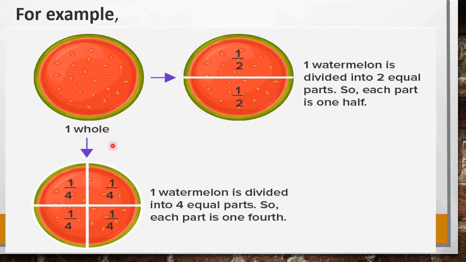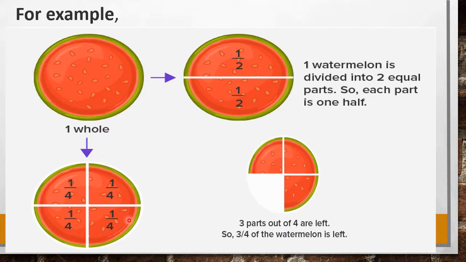When we divide this watermelon into four equal parts, each part is 1/4. Now let us see if three parts out of four are left in one watermelon. So 3/4 of the watermelon is left. Like this we will see the fraction.